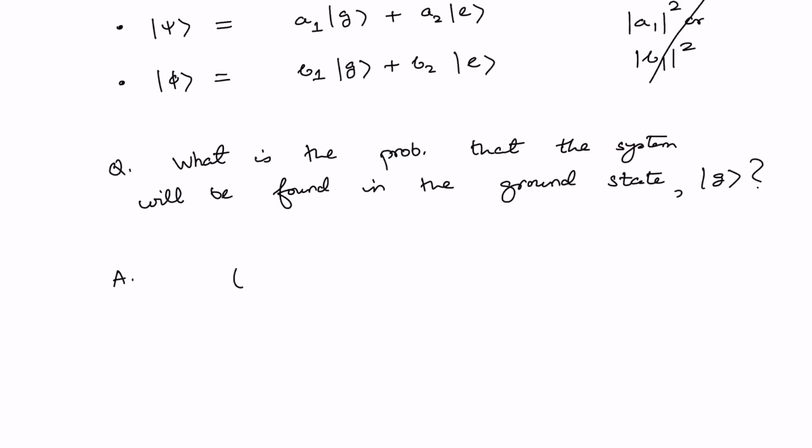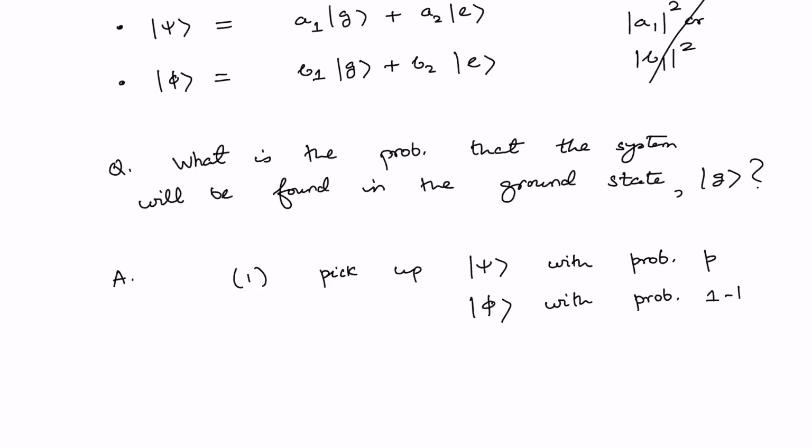First of all, we have to pick up the state from the box. So you have to pick up ket psi or you have to pick up ket phi, and you can pick up ket psi with classical probability p, as we have seen, and ket phi can be picked up with classical probability 1 minus p.